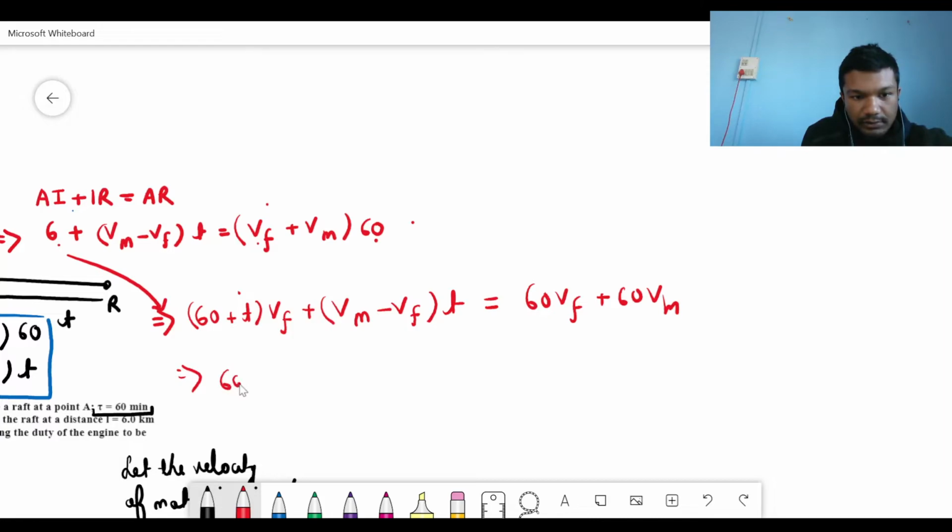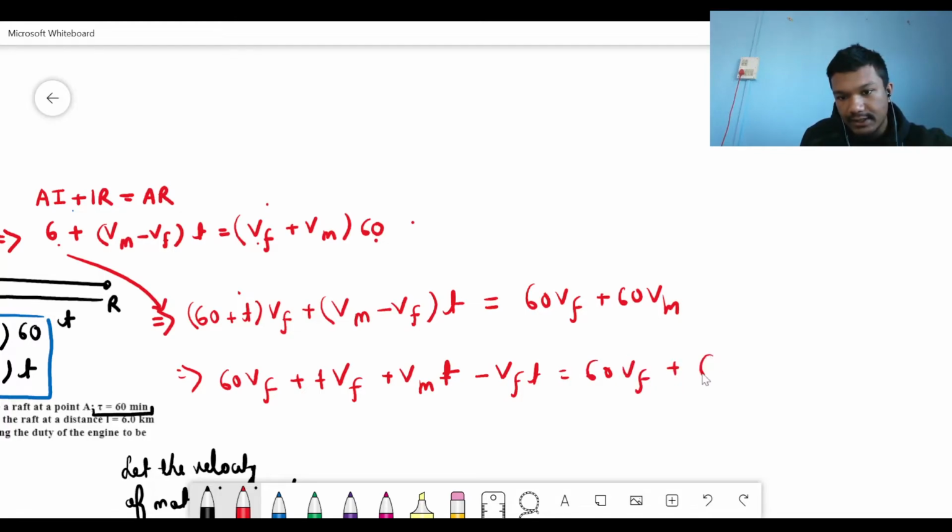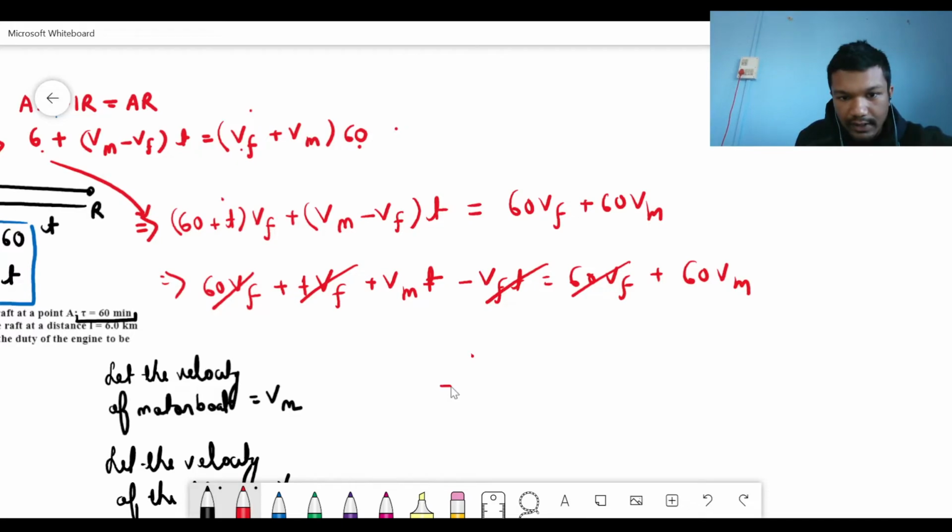So this will become 60 VF plus t VF plus VMT minus VFT, and on the other side 60 VF plus 60 VM. 60 VF will get cancelled out, and VFT will get cancelled out. So lastly we get VMT minus 60 VM is equal to 0.